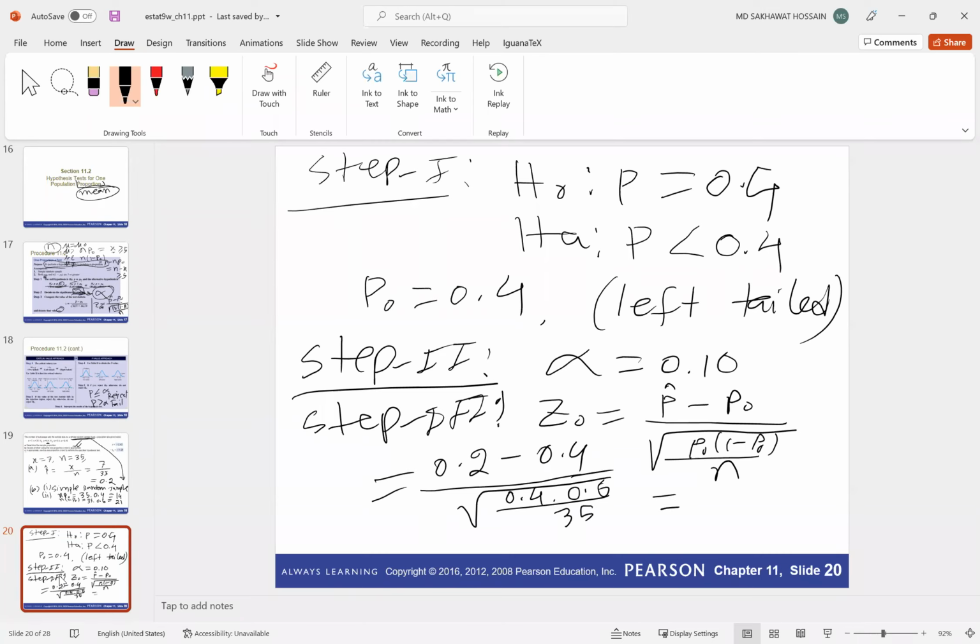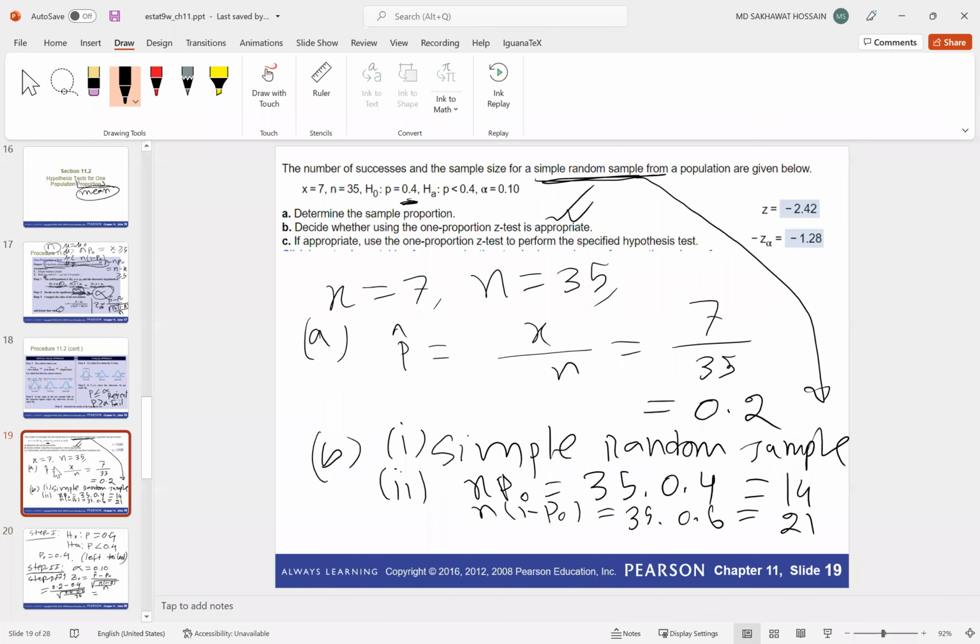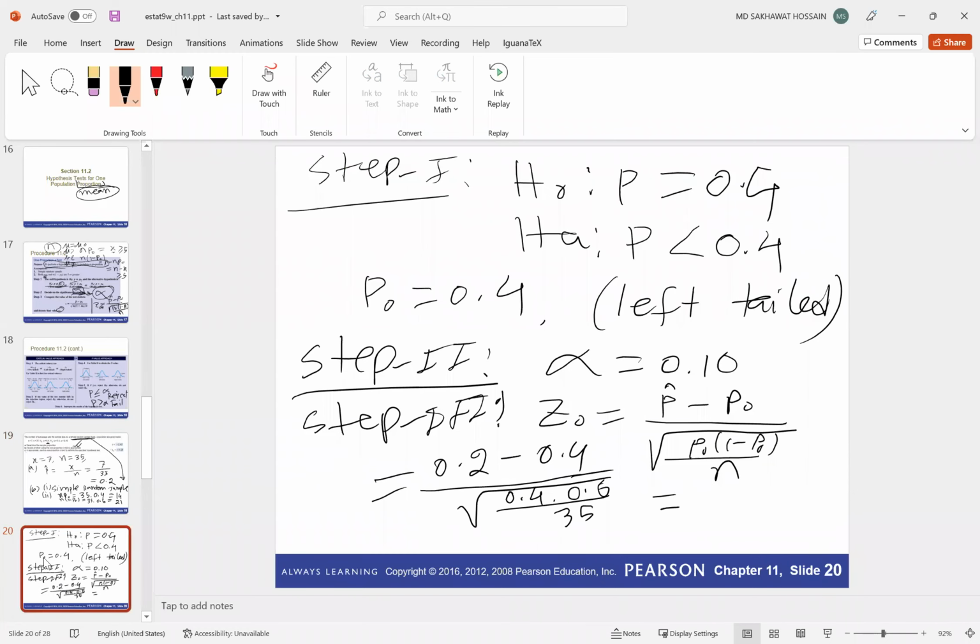If you simplify this, the test statistic will be negative 2.42. So the z observed is negative 2.42. This is the test statistic.